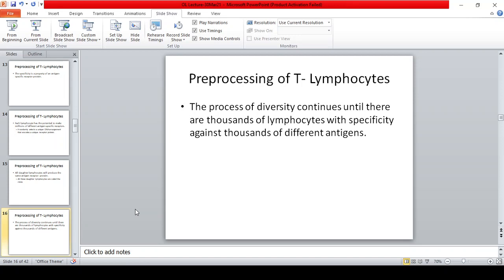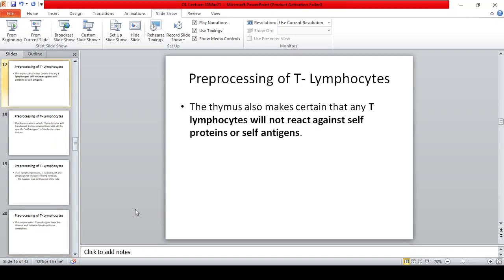The process of diversity continues until there are thousands of lymphocytes with specificity against thousands or even millions of different antigens. So this process continues, and this is, mind you, occurring in the thymus for the T lymphocytes.